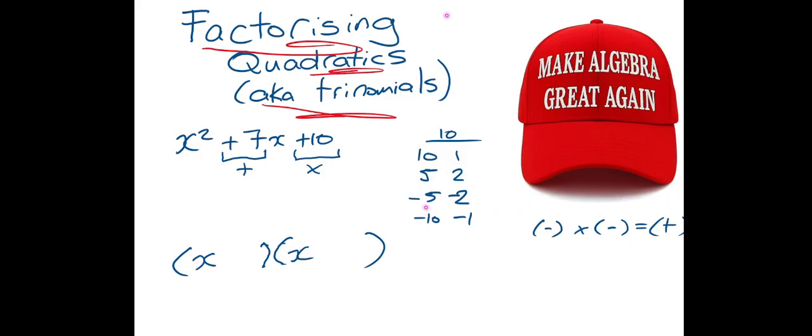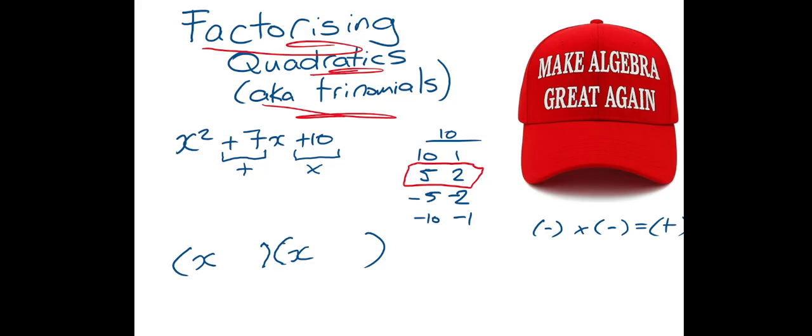But let's just check. Minus 5 minus 2 equals negative 7, so it's not that. And negative 10 plus negative 1 equals negative 11, so it's not that. So our winner in this case is this combination.